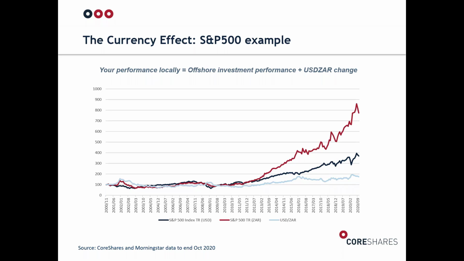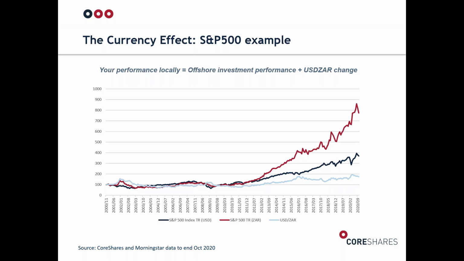So it's the S&P 500 in ZAR. It's a combination of the US equities growing and the price increasing over time, plus the rand slowly depreciating over time. And then the combination is this wonderful performance that you see there.